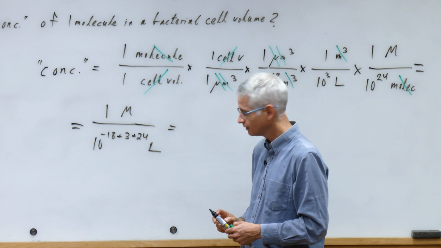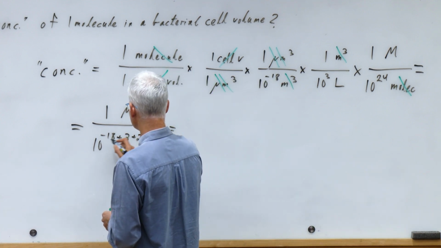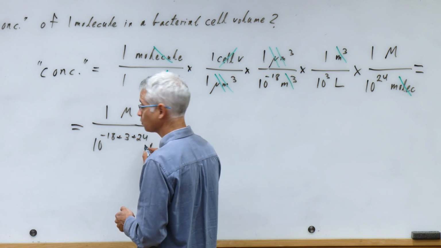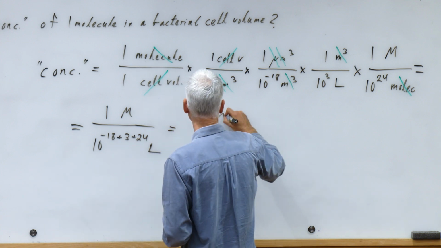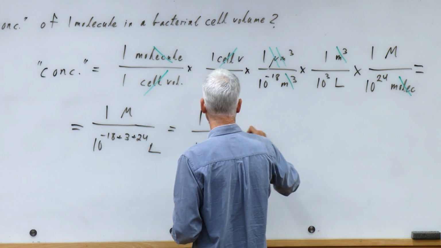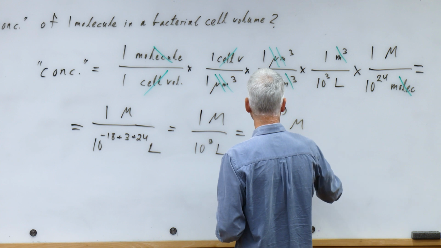Okay? Good. I hope I'm not mistaken because I can't follow this in my head. Okay, so this is minus 18 plus 3, minus 15. Minus 15 plus 24, 9. Good. 1 molar in 10 to the 9 liters. That's equal to 10 to the minus 9 molar in 1 liter.